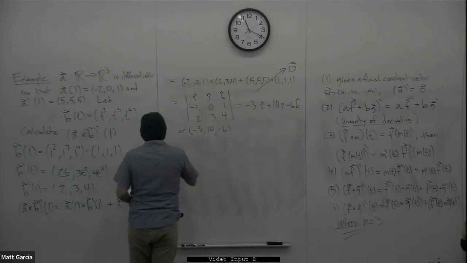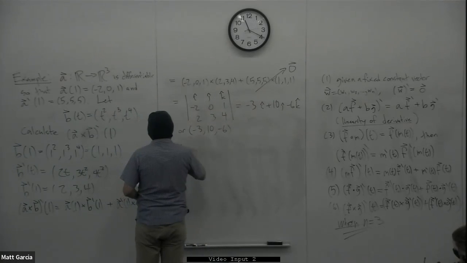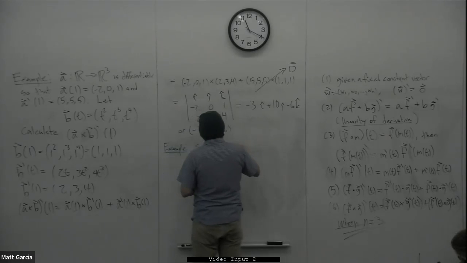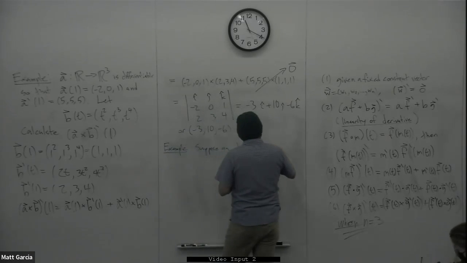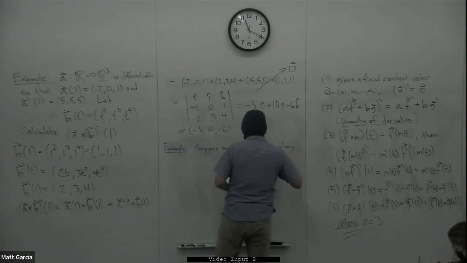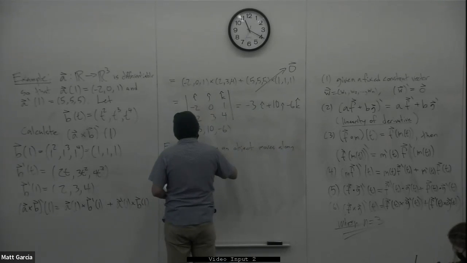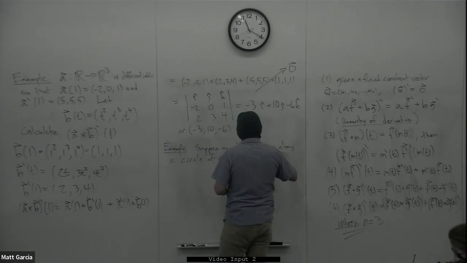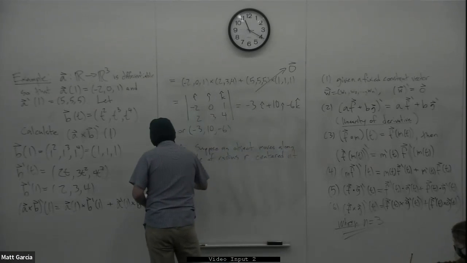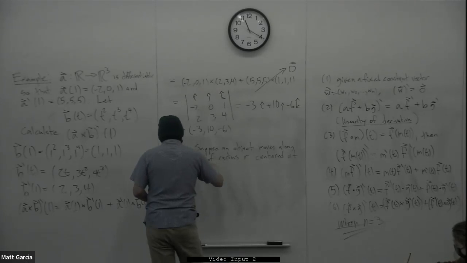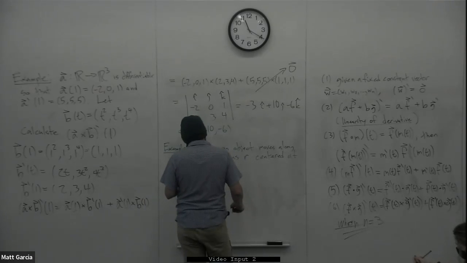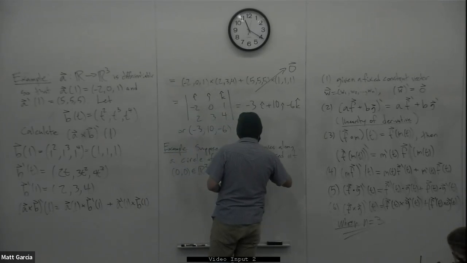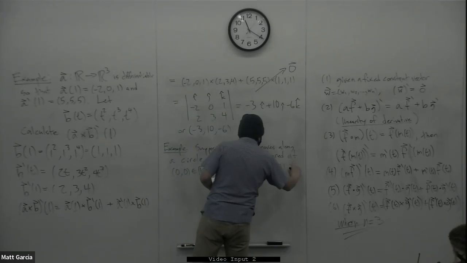Okay, so let's do some more examples. Let's suppose an object moves along a circle of radius r, centered at 0, 0 in R2, i.e. the origin, in a way so that its position, p hat of t, is differentiable.